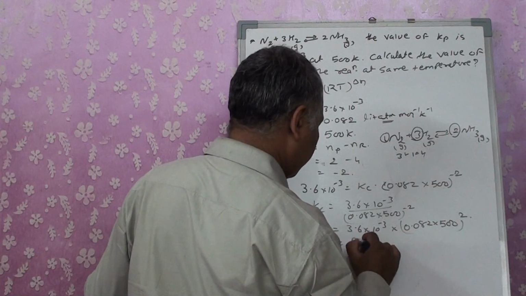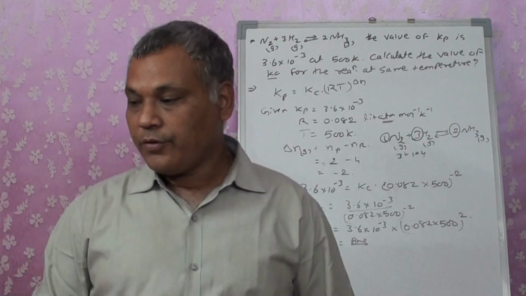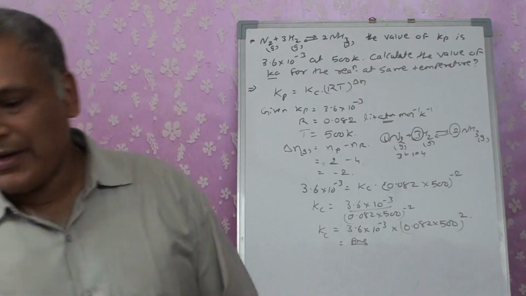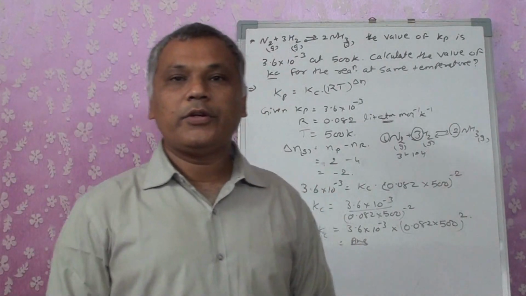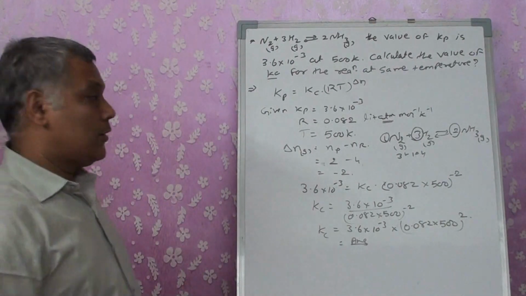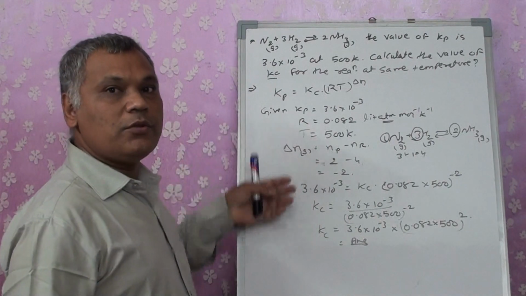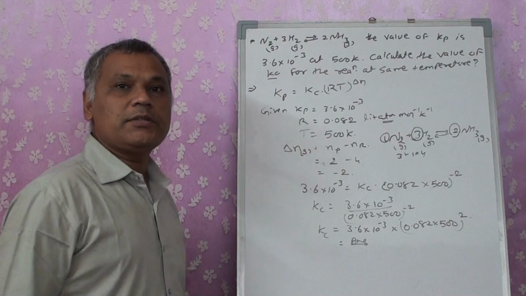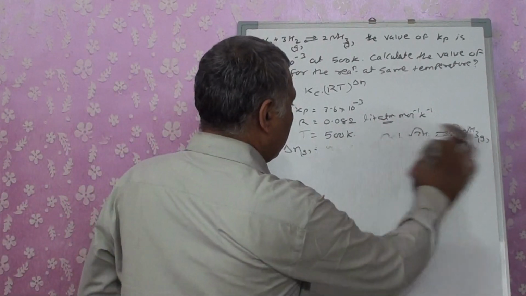Get the answer. Okay, like all of you know, the final answer you can calculate by taking your calculator yourself. Okay, is it clear? It was simple: once the formula was known and values were given, I just had to substitute the values and get the answer.